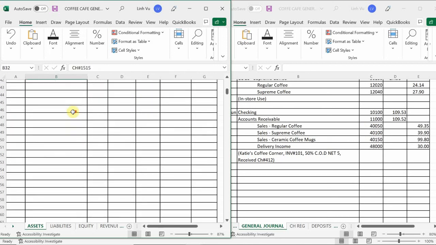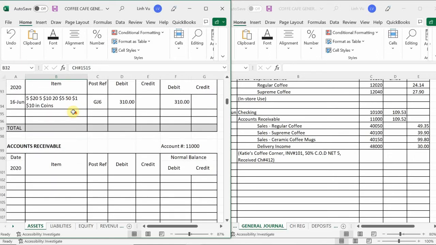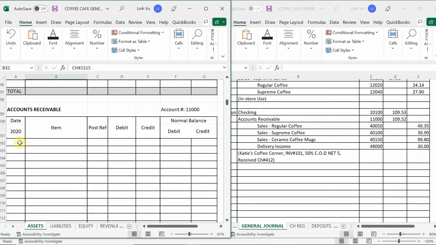We also need to record our first accounts receivable because now we finally sold to a customer and they owe me money. You can either write Katie, or you could just write the invoice number, as long as you're able to know why this person owes you money.